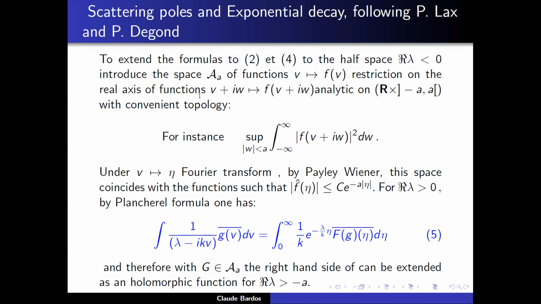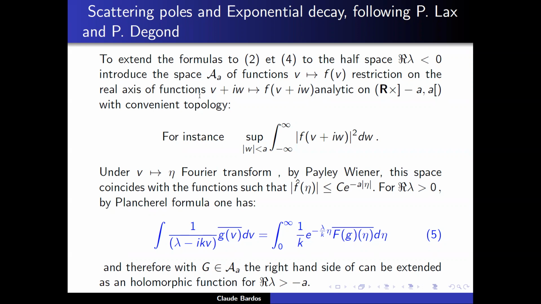I want to kill this bad behavior, because if real lambda is negative, this will grow exponentially with lambda, with eta. The only way to kill it is to suppose that the Fourier transform of G of eta is exponentially decreasing.